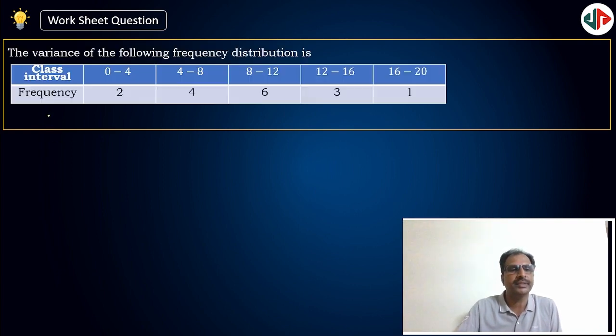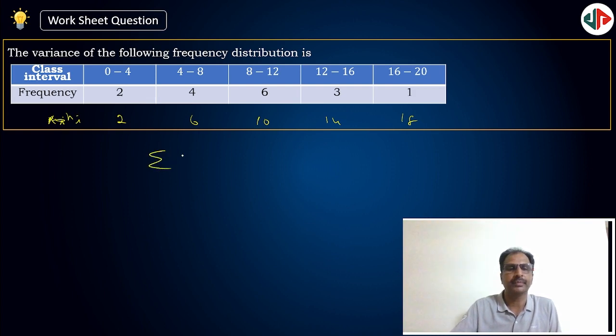Here also, whenever class intervals are given, first you have to find x̄. How to find x̄? Use the mid values of the class intervals. So xi is nothing but the mid value of the class interval: 2 here, 6 here, 10, 14, 18.